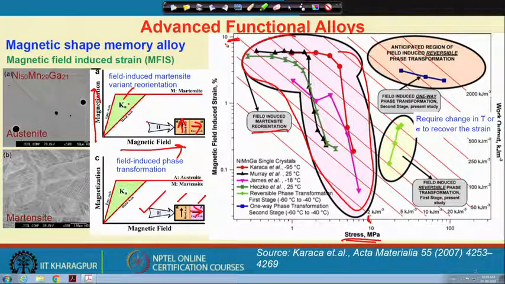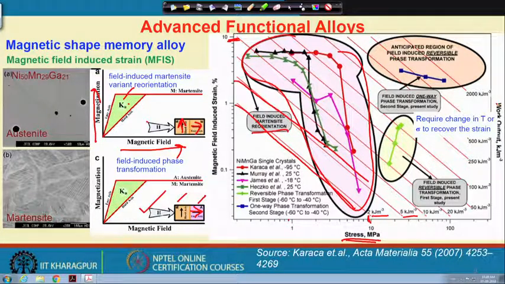This is very high, since we can calculate the work output by considering the stress and strain. These are the lines, let us say 2 kilojoule per meter cube, 5 kilojoule per meter cube. As we go in this right hand side direction, we can get a higher work output.